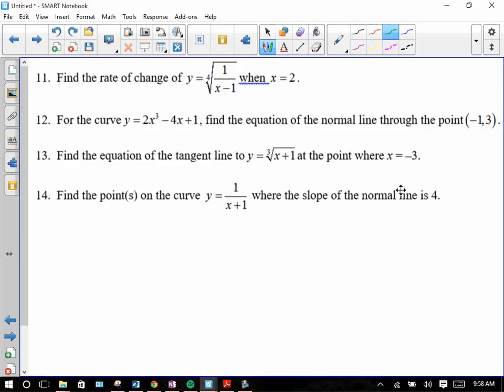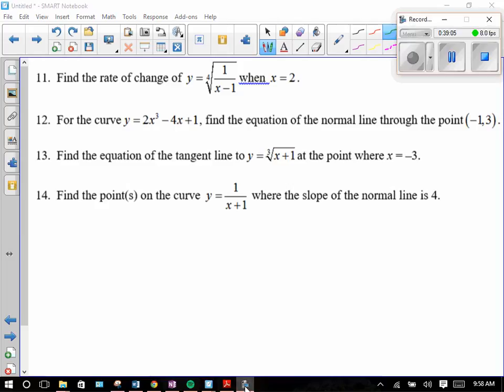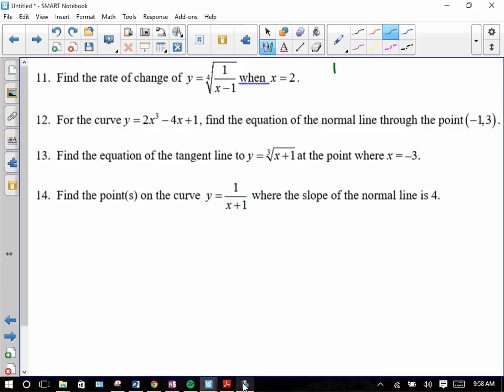What exponent is that? Square root is 1/2. Cube root is 1/3. 4th root is going to be 1/4. So you have 1 over x minus 1, to the 1/4.